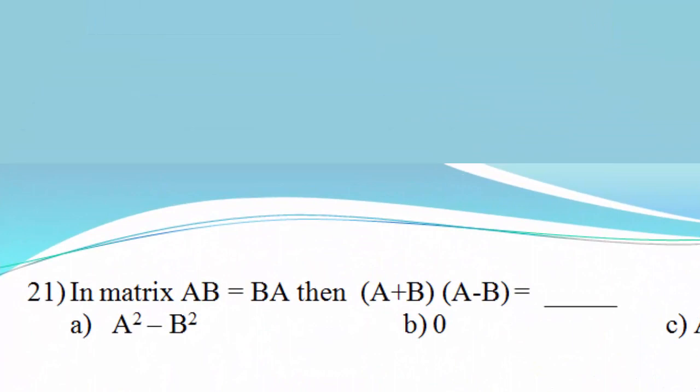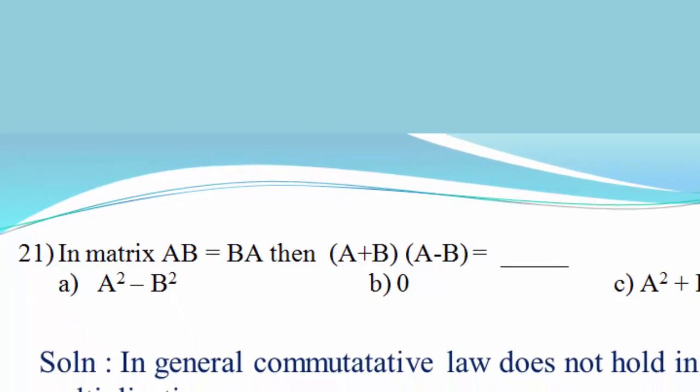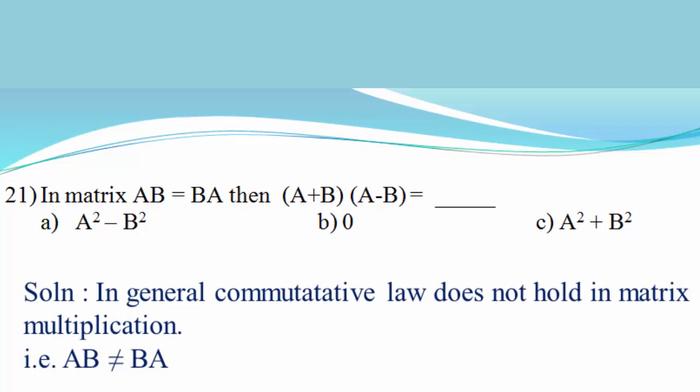Question number 21. In matrix system, AB is equal to BA, then (A plus B) into (A minus B) is equal to dash. Dear students, we know that in general the commutative law does not hold for matrix multiplication. That is, AB is not equal to BA. But here it is an exceptional case because we are given that AB is equal to BA.